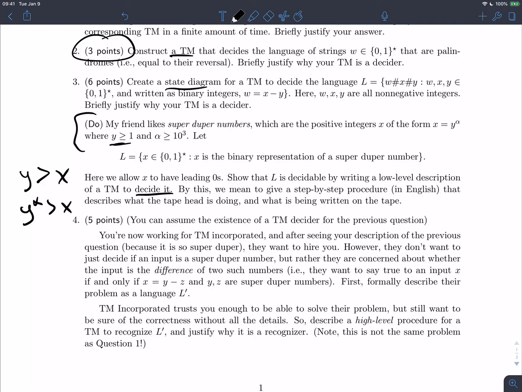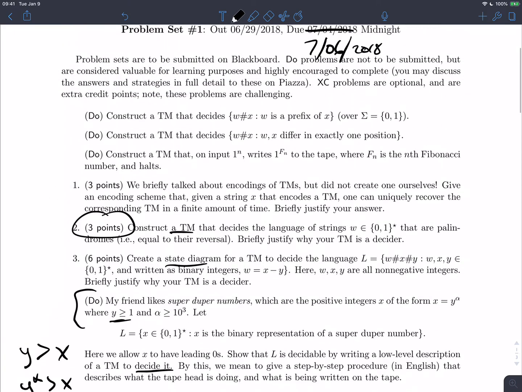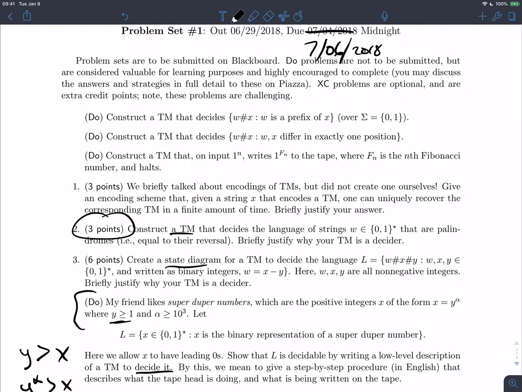Other questions about pset 1? Third. Okay. So what about it? I don't really know how to go about it. How can you calculate the nth Fibonacci number? Yeah.